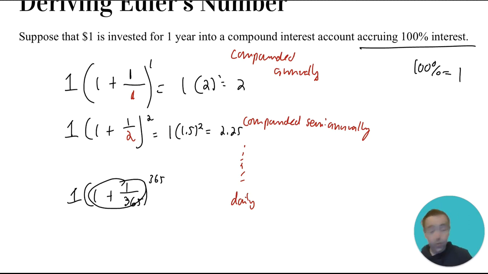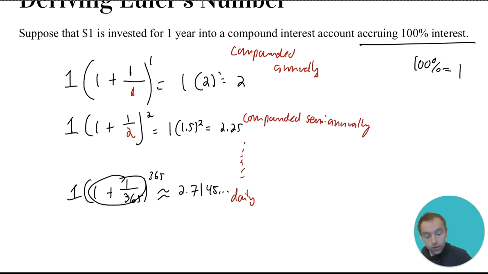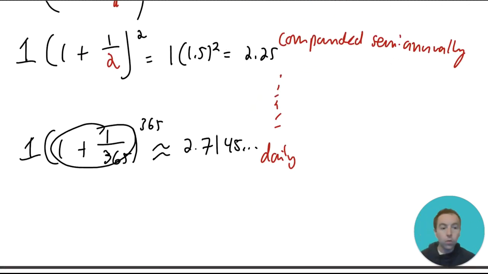But if you do that 365 times, it actually has a decent effect. So this ends up being about 2.7145. So you'd have about $2.71, which would be a lot more than $2.25, right?